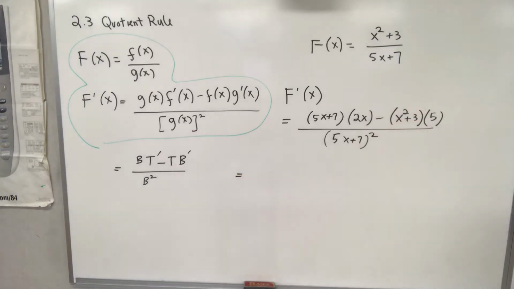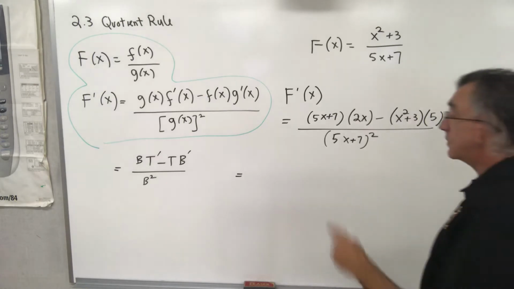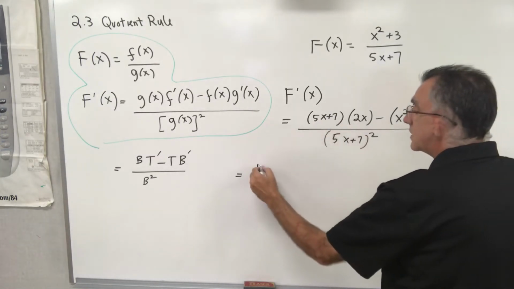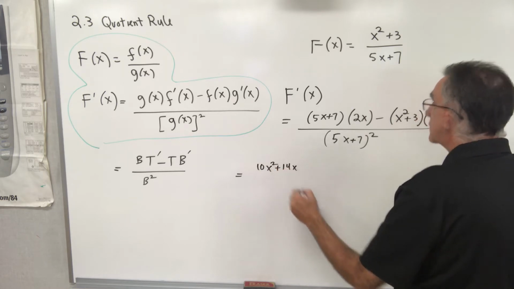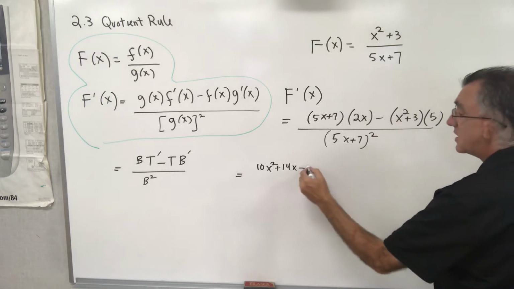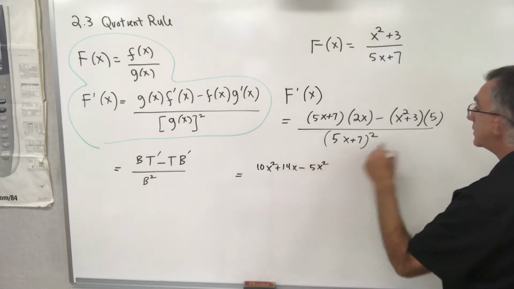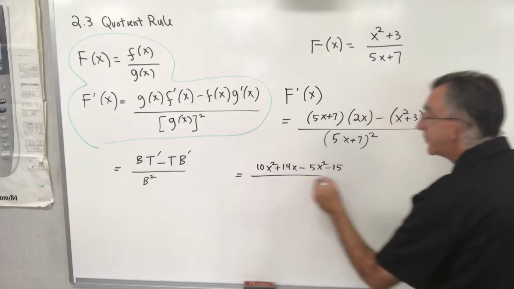Generally, you simplify this, and that's kind of annoying. I mean, technically, that's the answer, right? But then distribute the 2x in, what's that, 10x squared plus 14x. Now, be careful with the negative here, because when you distribute the 5 in, it's negative 5x squared minus 15, right?